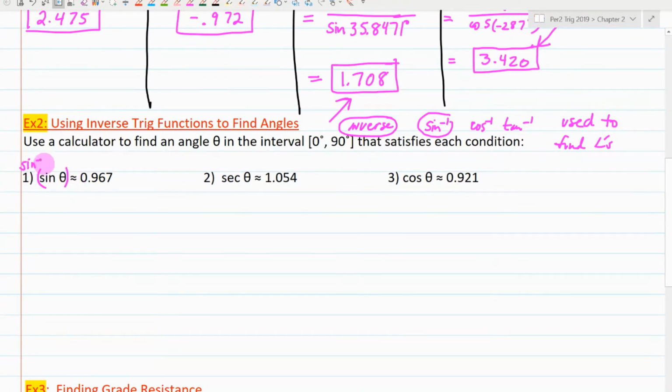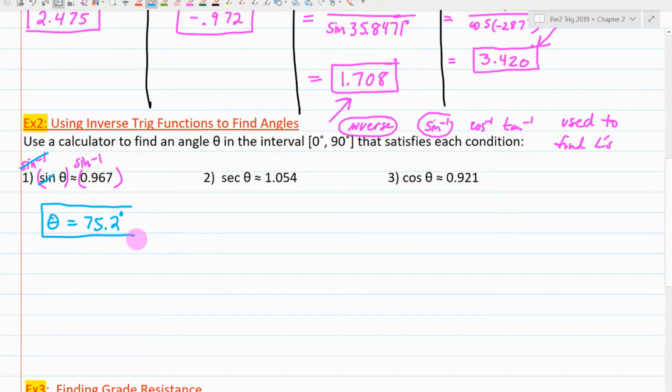So we're going to do the inverse sine of both sides. So inverse sine and sine, they cancel each other out, and you're left with theta. Here, you do inverse sine of 0.967, and you will get an answer which is a degree.